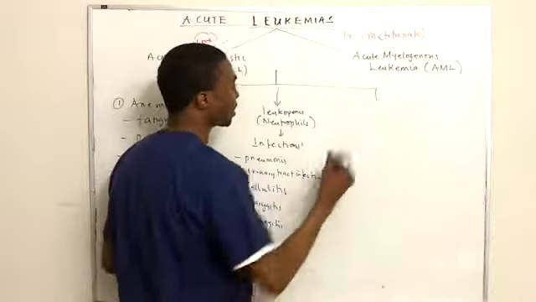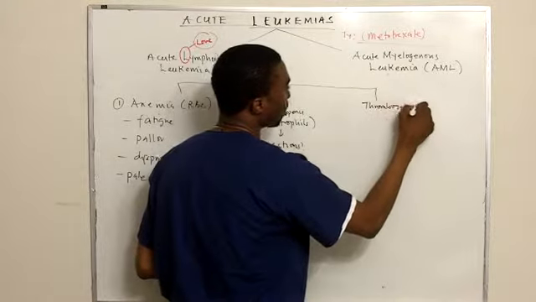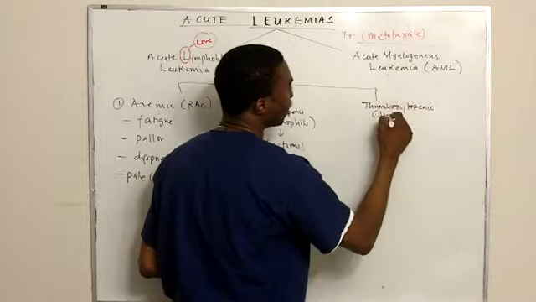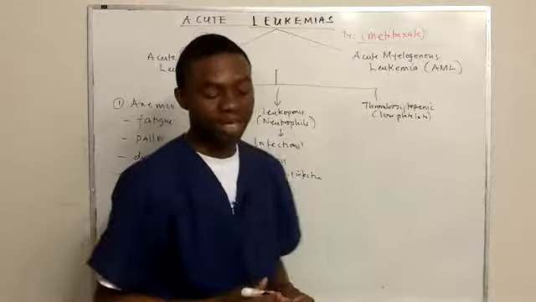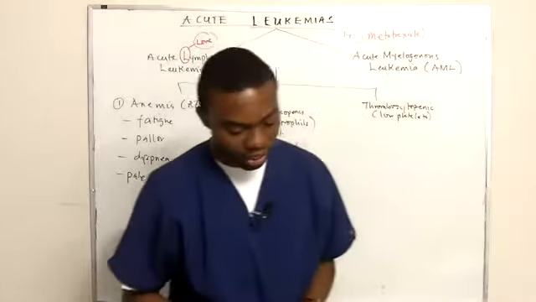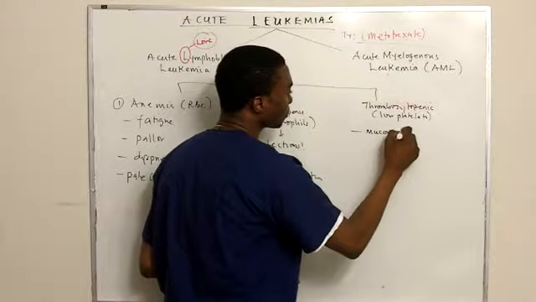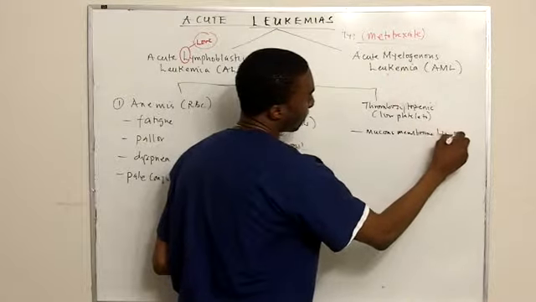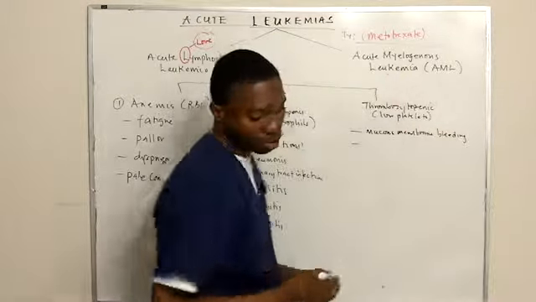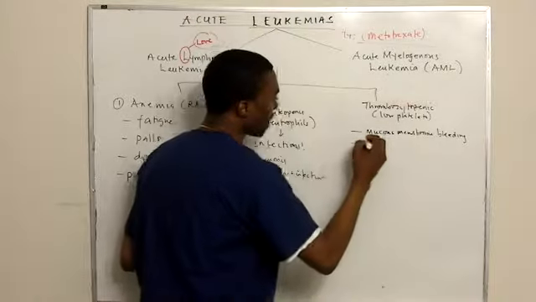Because the platelet count is going to be affected, they're going to be thrombocytopenic, right? Low platelets, so they cannot clot anytime they have any kind of bleeding. So they're going to have abnormal mucous membrane bleeding, also they're going to have petechia, nosebleeds, right?